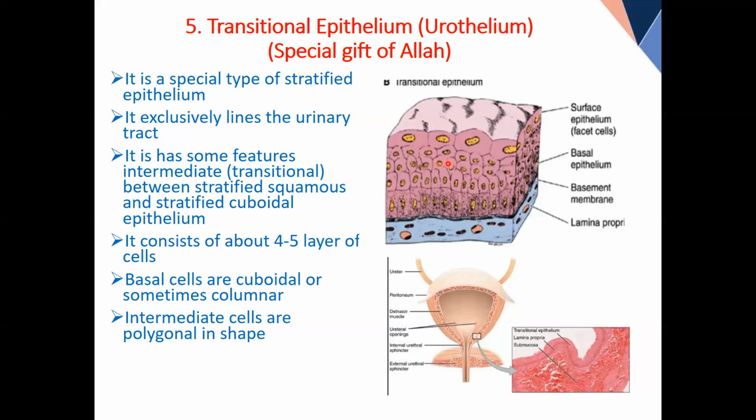Okay. So suppose I hold this epithelium from the sides like this, and I stretch it like we stretch a rubber band. When you do this, because the cells in this layer are loosely bound, they will move to the sides.